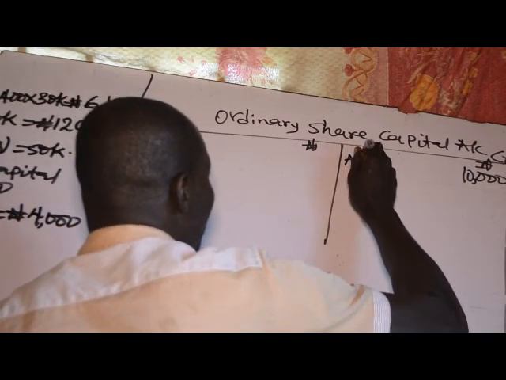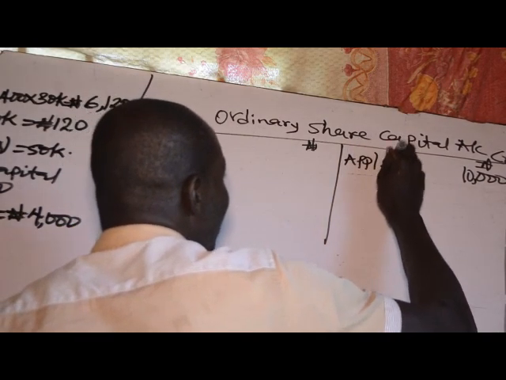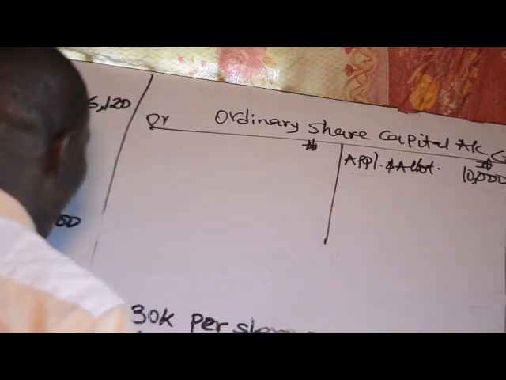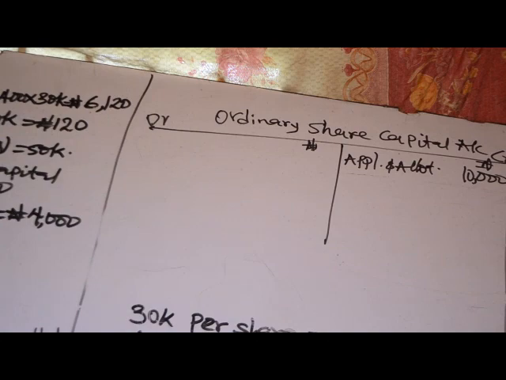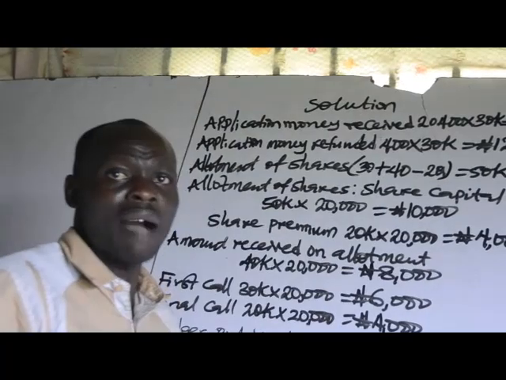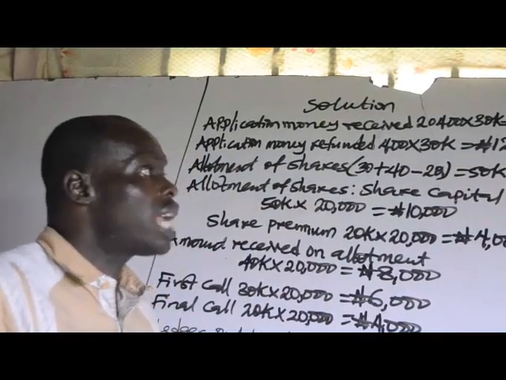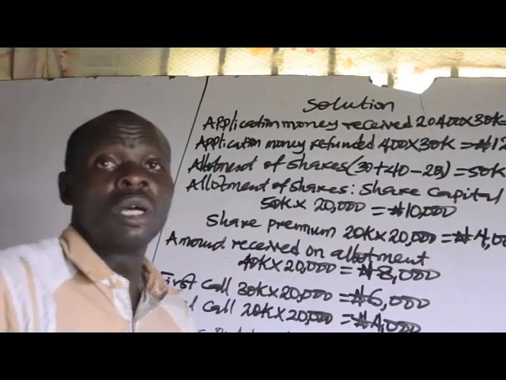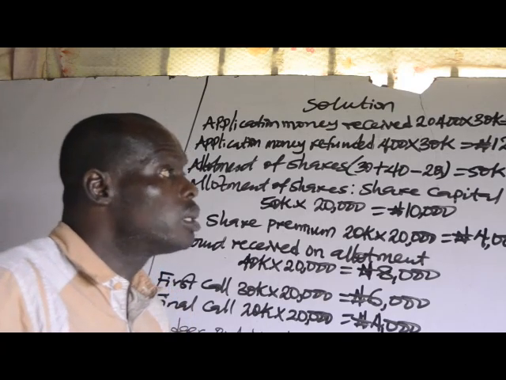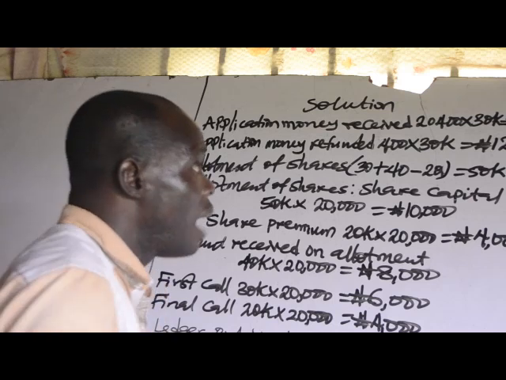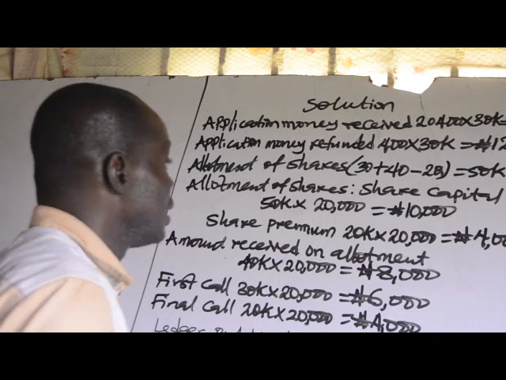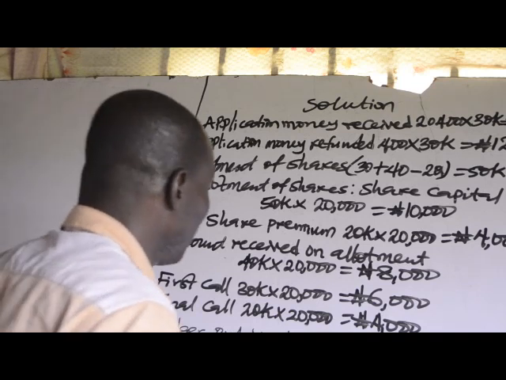So you put application and allotment as your description. Now the shares have been allotted to the applicants, that is, the shares have been distributed to applicants. That means the amount of 10,000 has been transferred to the ordinary share capital account since shares have been allotted to them.